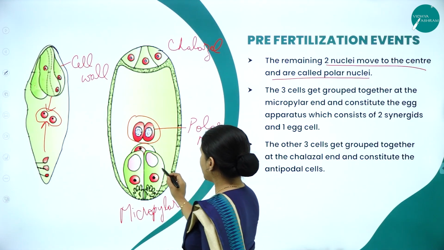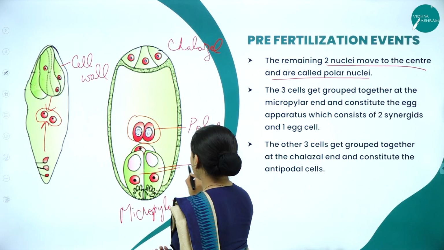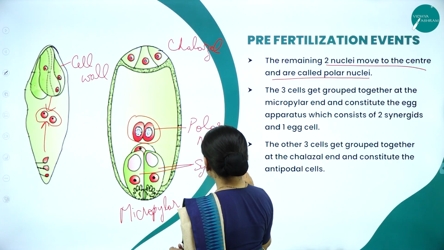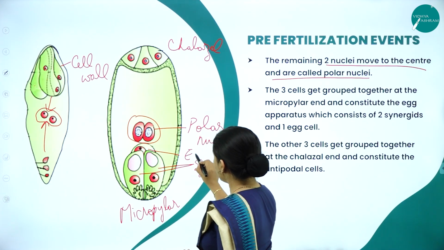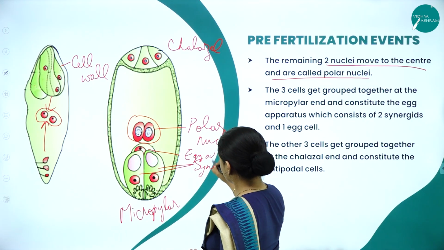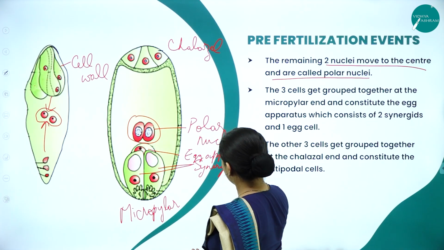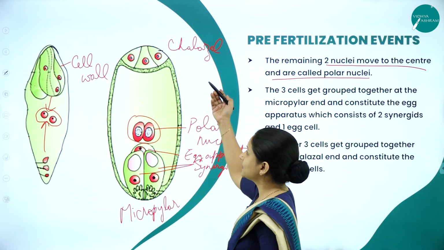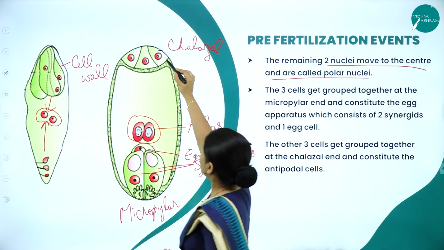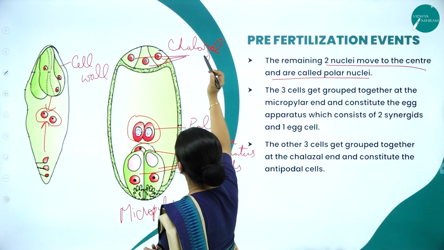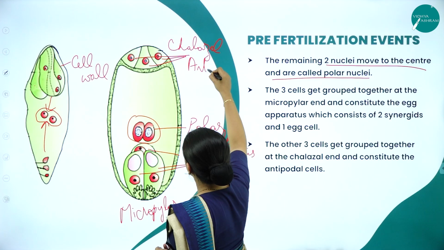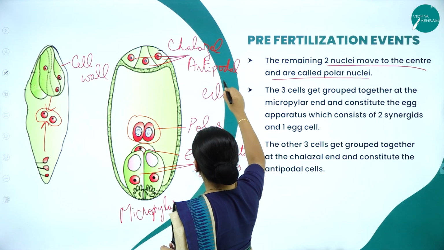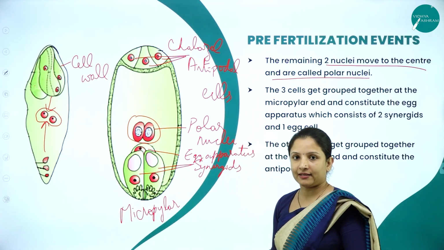In the micropylar end, two cells form the synergids, one cell will form the egg apparatus, and the remaining cells which moved towards the chalazal end will form the antipodal cells. So this is how the embryo sac will develop.